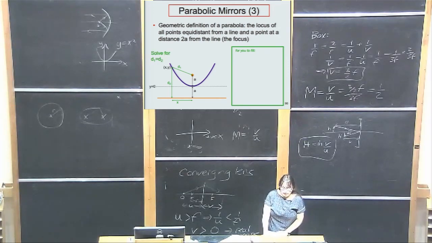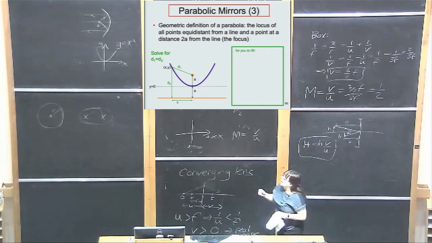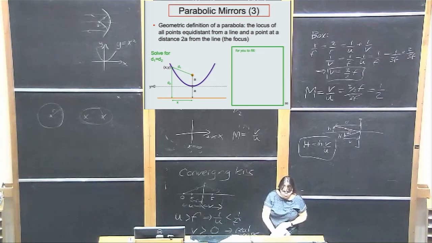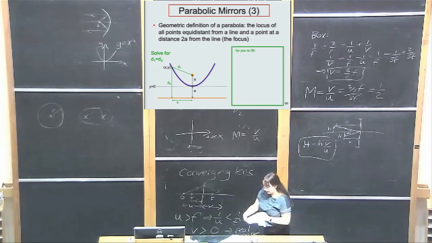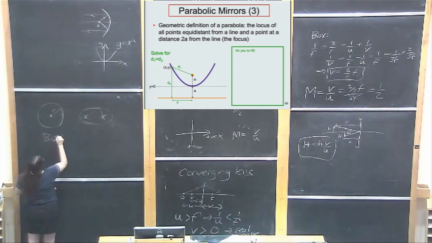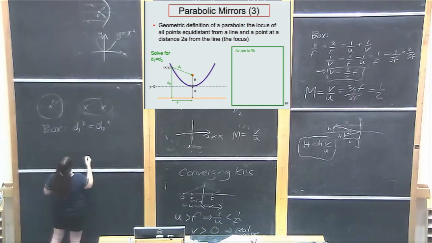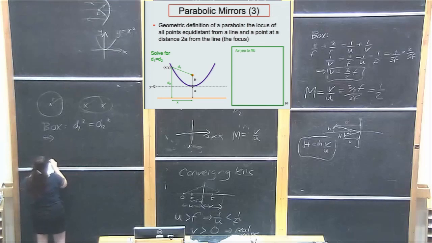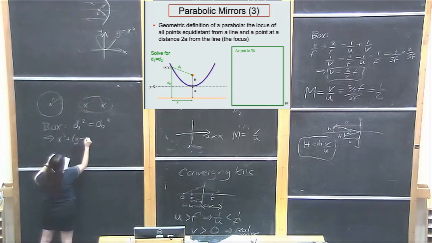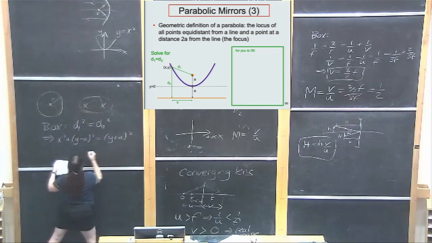Okay, so what I'm going to quickly do, can I do it in a minute? Let's try. I'm going to set up a Cartesian coordinate system. So y equals 0 is going to be at the bottom of my parabola. And I'm going to require that d1 squared, just because it's a bit easier, is equal to d2 squared. So using this coordinate system, what I've got is x squared plus (y minus a) squared equals (y plus a) squared.